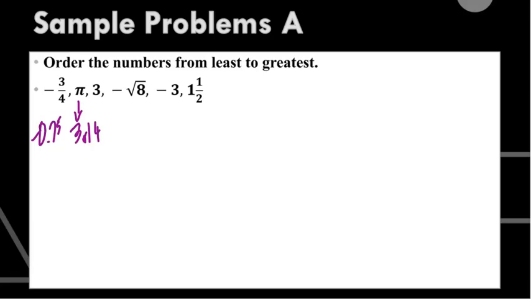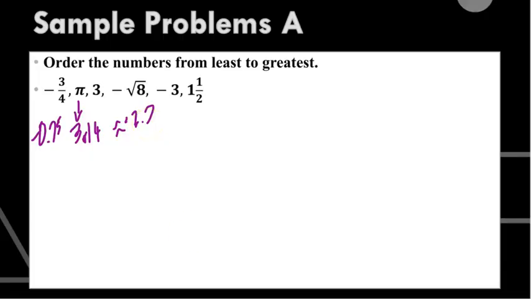Well, the square root of 4 is 2, and the square root of 9 is 3. So it has to be closer to 3, but it can't be more than 3. So it'd be more than 2.5. I'm just going to estimate that to be, let's just say 2.7.